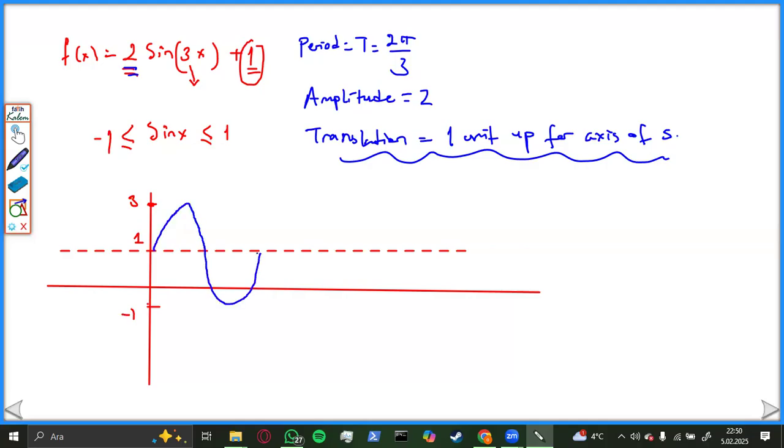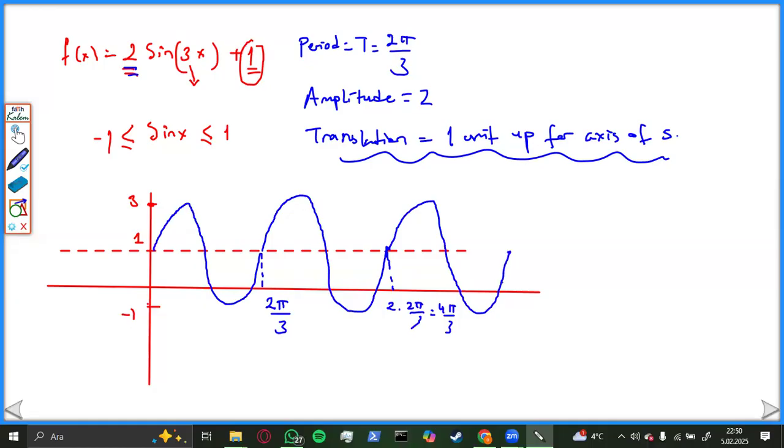Start here, and be careful, period is not 2 pi. Period is 2 pi over 3. So draw another period. That time this is 4 pi over 3. Let's go on again. Right now, this is 8 times pi over 3. You can also go on like this.